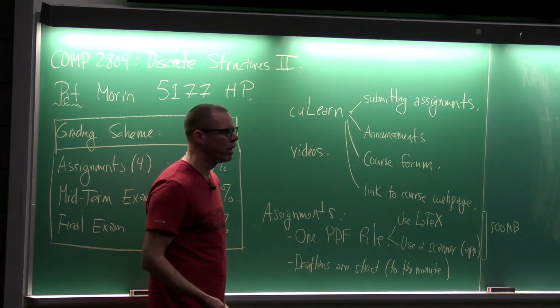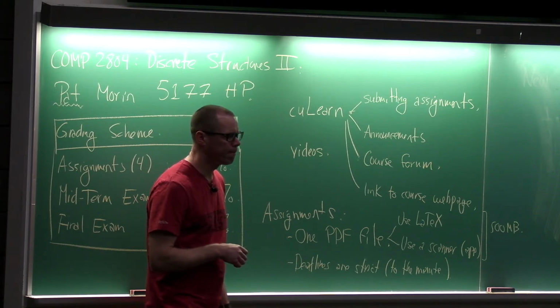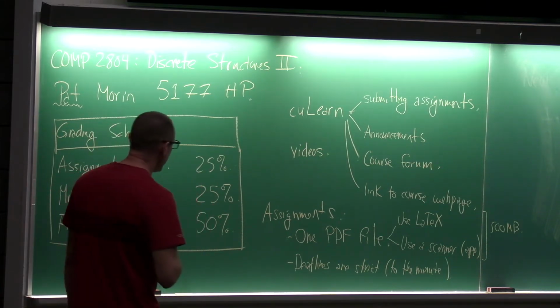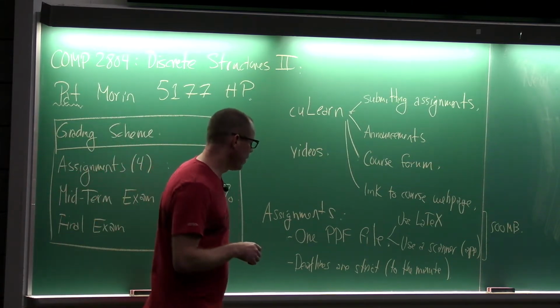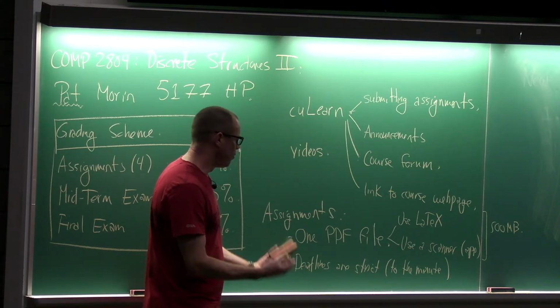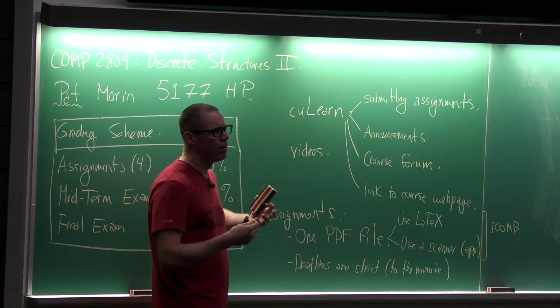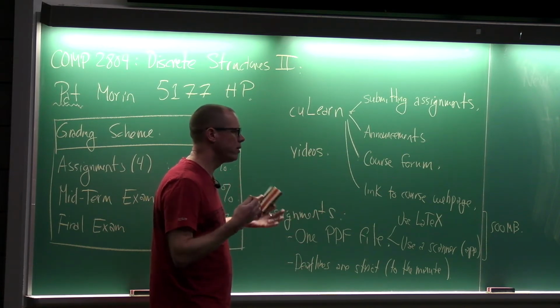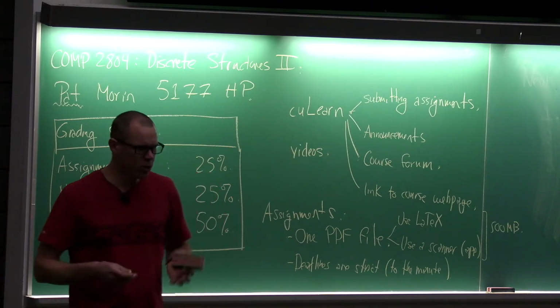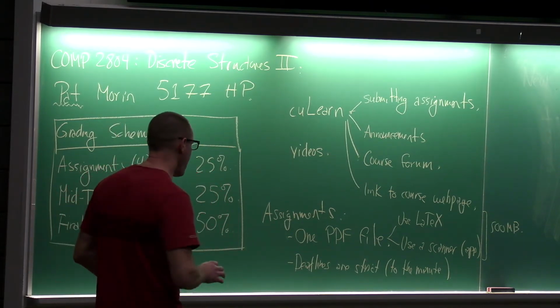There won't even be a submit button available to you. And I, unfortunately, can't make exceptions to that. In fact, I won't even answer emails of the form, oh, it's 11:57 and I didn't submit my assignment or whatever. Just please submit on time.